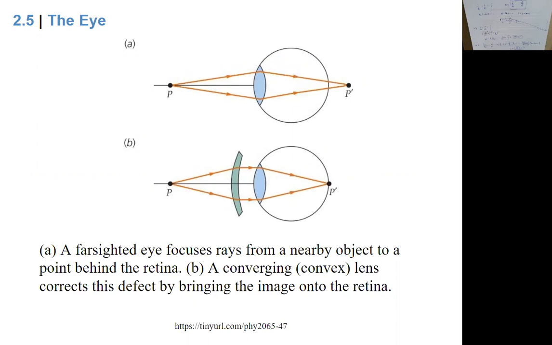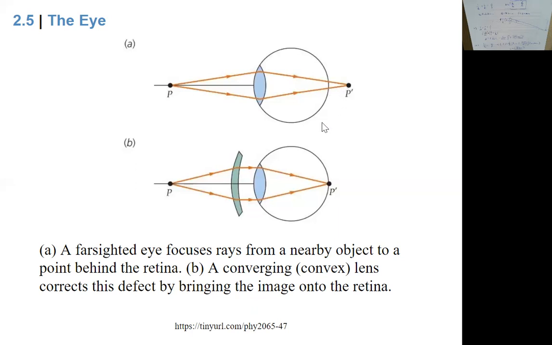Okay. So the fact that we can see an object is that rays come off the object and hit our eyeball, and then the image will be formed ideally on the backside, on the retina here, right? But in case our eye has some defect, say if we have a farsighted eye, okay, then the image is going to be formed somewhere here, not on the retina.